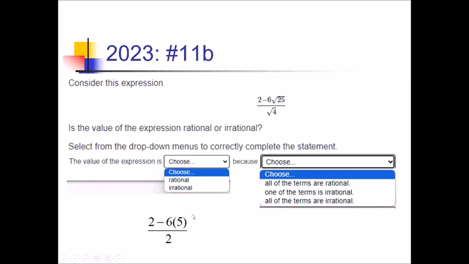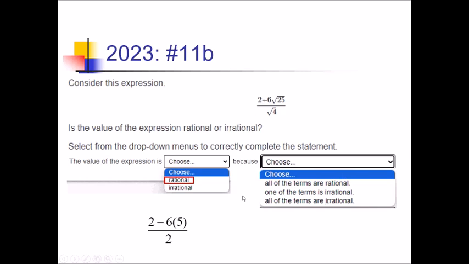Based off of all this, the value of the expression must be rational. Because, and we can't just say because it can be expressed as a fraction. That's not going to be good enough. So we have: all the terms are rational, one of the terms is irrational, all the terms are irrational. Well, I think we can agree that not all the terms are irrational. 2 definitely isn't.